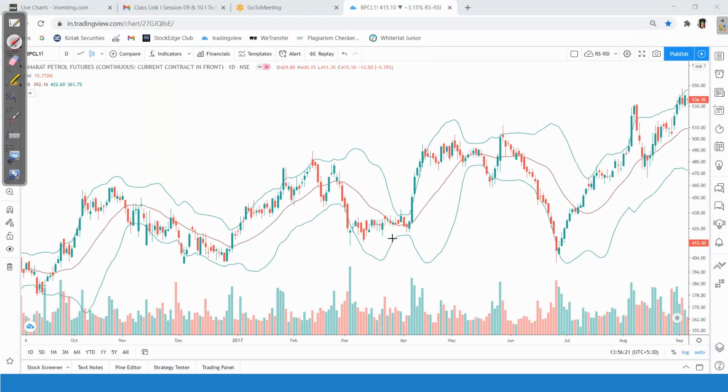This is matching bottoms. So first bottom outside the band, second bottom inside the band, relative distance over here, and there is no relative distance. So it is volatility divergence. There is volume divergence.